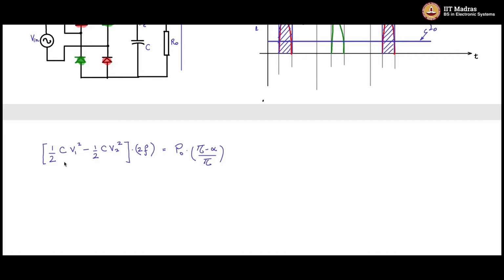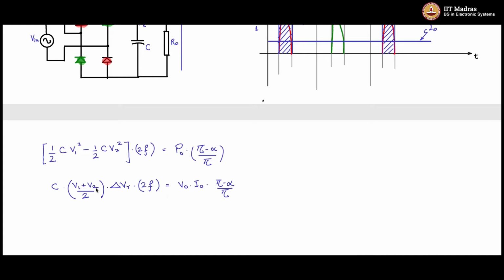So this can be further simplified. Now this is written in this fashion. C into V1 square minus V2 square is V1 plus V2 into V1 minus V2. So V1 plus V2 divided by 2, into V1 minus V2, which is delta VR, into 2F will be P naught, which is V naught into I naught, into pi minus alpha by pi.